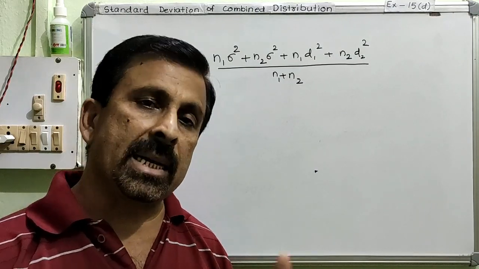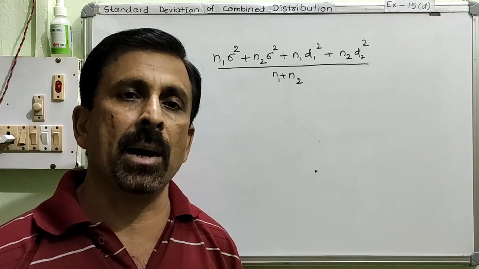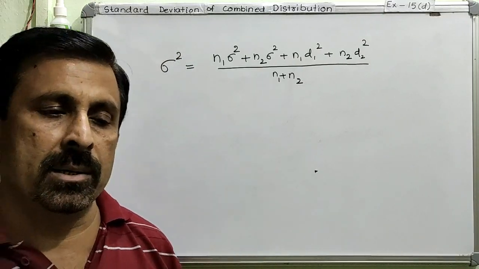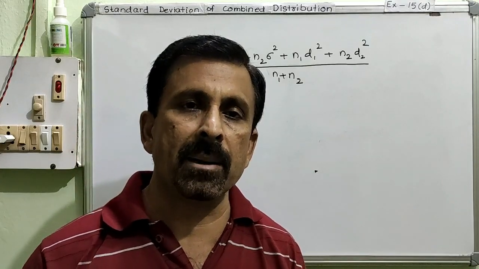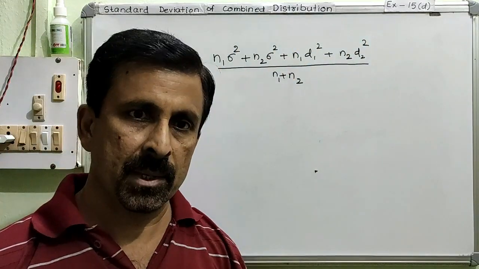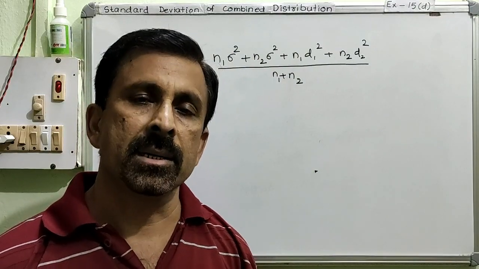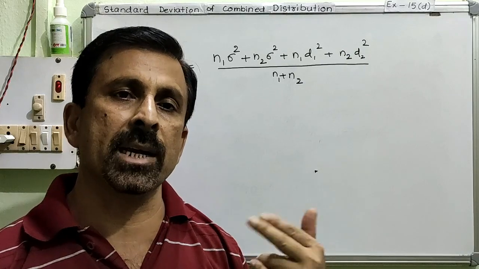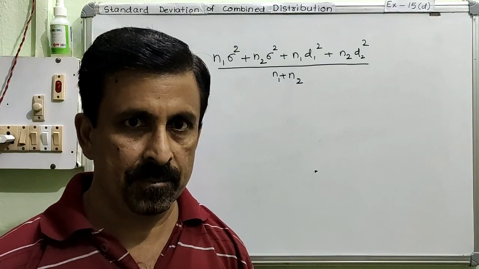We have already seen in the previous video the combined mean. So in the previous video we learned how to find the combined mean of the combined distribution. Combined distribution means, please remember, that we are talking about more than one set of data. Clear?